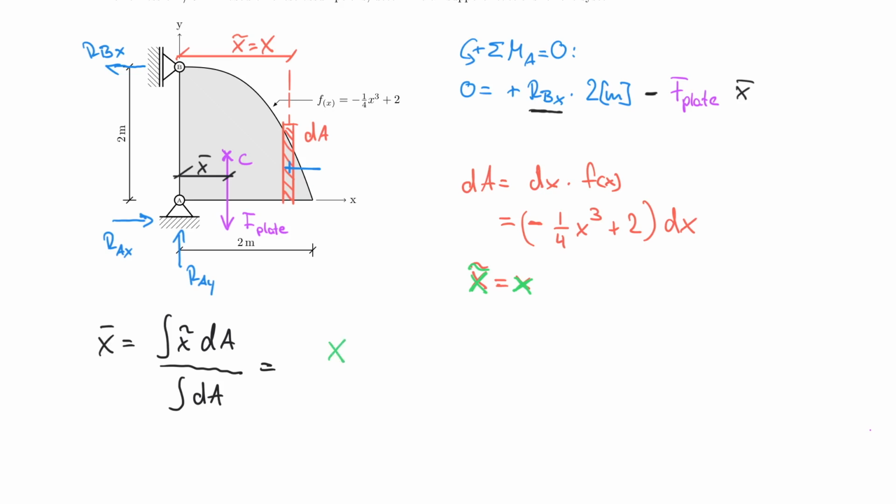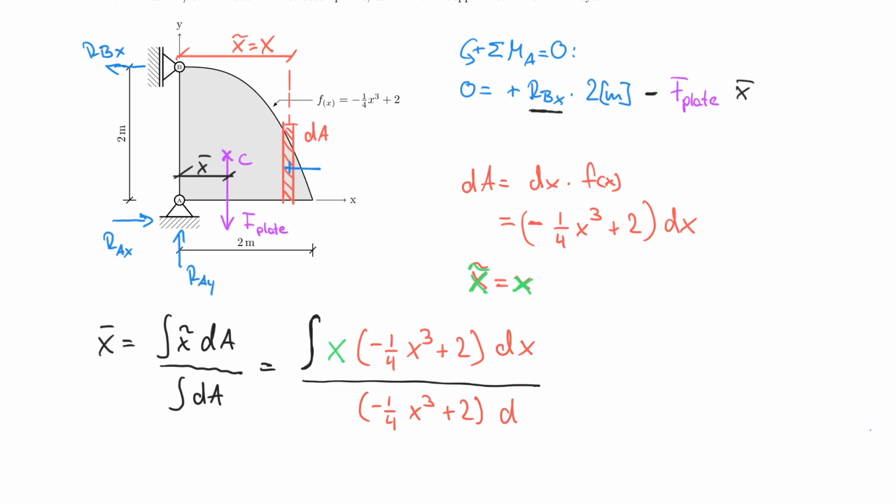So x times -1/4 x cubed plus 2 dx, and my entire area is just -1/4 x cubed plus 2 dx, and of course also integrated.